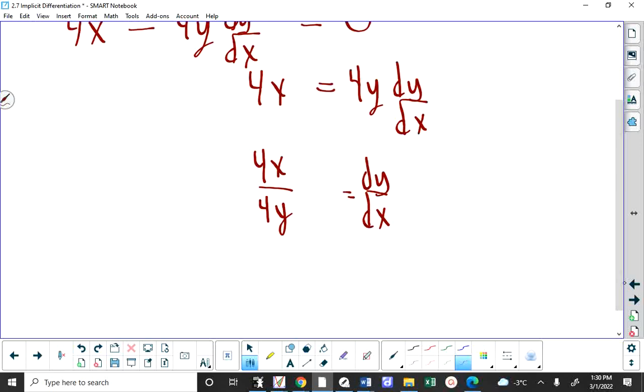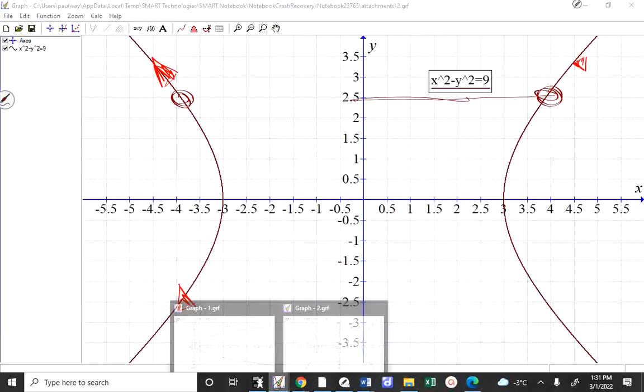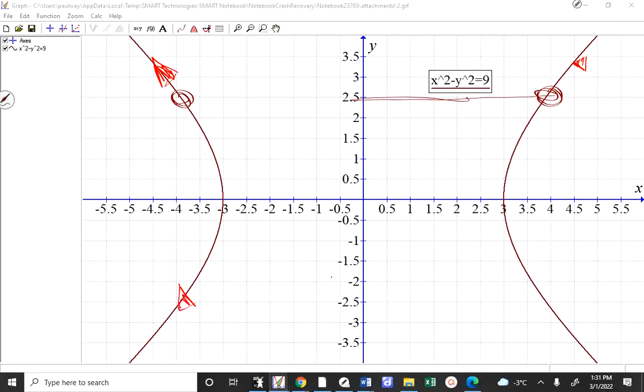The derivative is x over y. That's a very interesting, in my mind, mathematical shape that has these weird arms that go off in both directions, but it turns out any point on there will have a tangent slope equal to the x-coordinate over the y-coordinate.